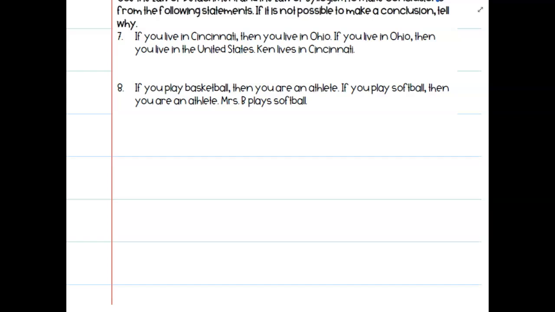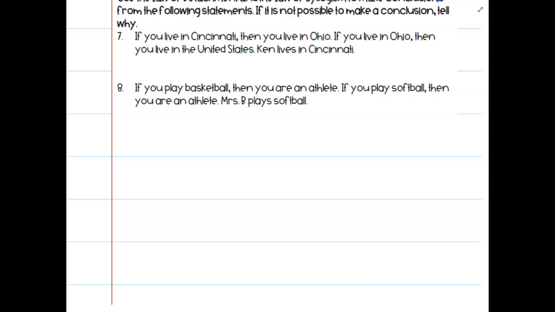Let's look at my two statements. If you live in Cincinnati, then you live in Ohio. If you live in Ohio, then you live in the United States. Can I draw something from that? What can I take from that? If you live in Cincinnati, those are the same, so you can connect it to, then you live in the United States, okay?